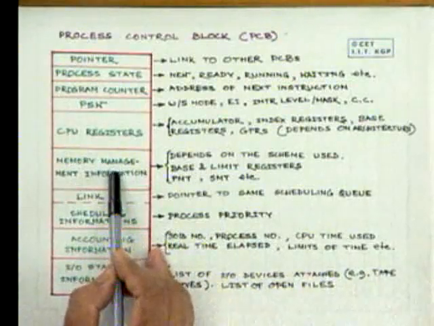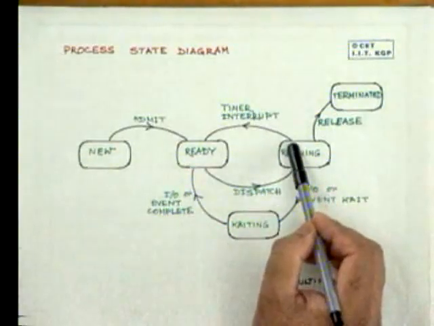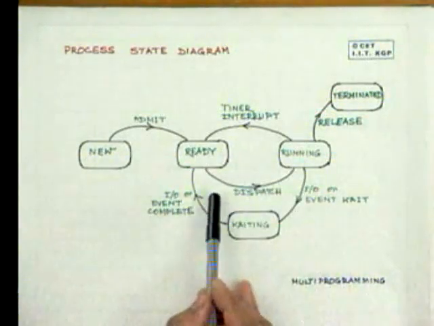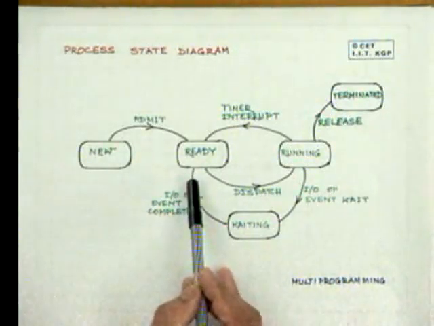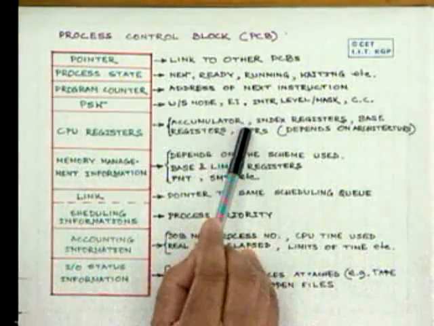And when another process is taken from ready into the running state by means of the dispatch, its program counter, processor status word, registers, and memory management information are taken from its process control block and loaded into the hardware registers. Only then can that second process start executing.